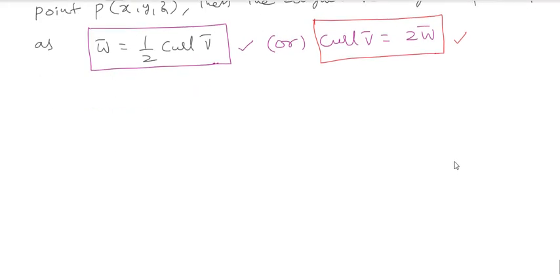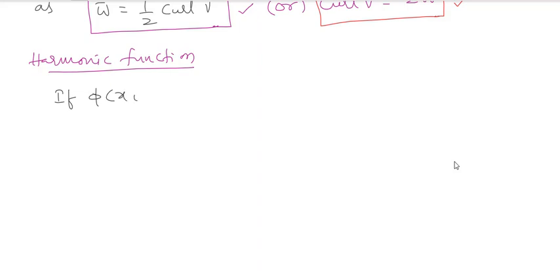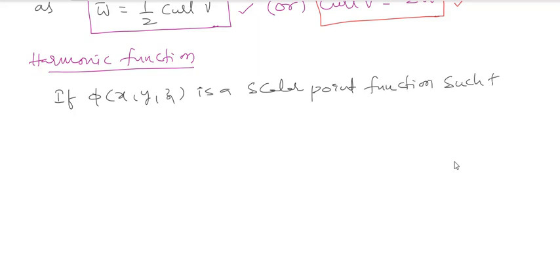Next, one more definition, which is important: the harmonic function. Direct questions are asked on it here also. Let phi of x, y, z be a scalar point function such that del square phi, the Laplacian, is equal to 0.